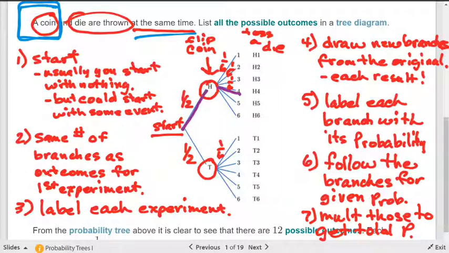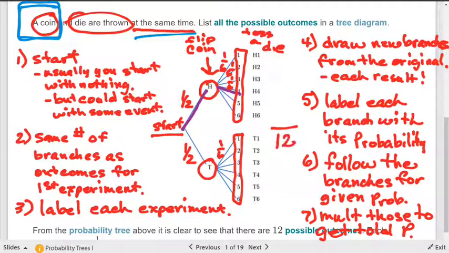Now, if all the branches here are the same, and each one of them is equally possible, then you just count them out of the total number. Do you see that here they've listed the sample space at the end? Heads 1, heads 2, heads 3, heads 4. Right? They've listed all the sample spaces. But if you look at this, there are 6 branch ends there, 6 branch ends there.